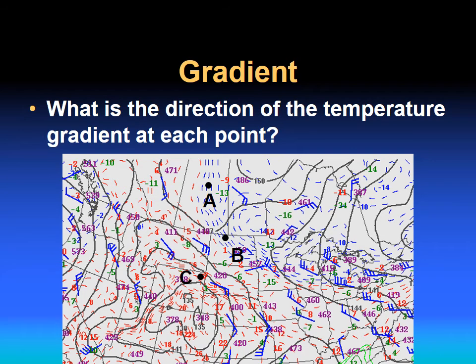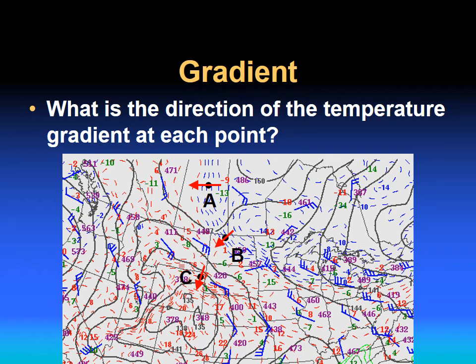Here are temperature gradients on an 850 millibar map at point A and point B and point C. And you have colder temperatures to the north and east and warmer temperatures to the south and west. So looking at these points at point A, you can see that the temperature gradient is pointing towards, of course, red, towards higher values, and 90 degrees to the isopleths or isotherms.